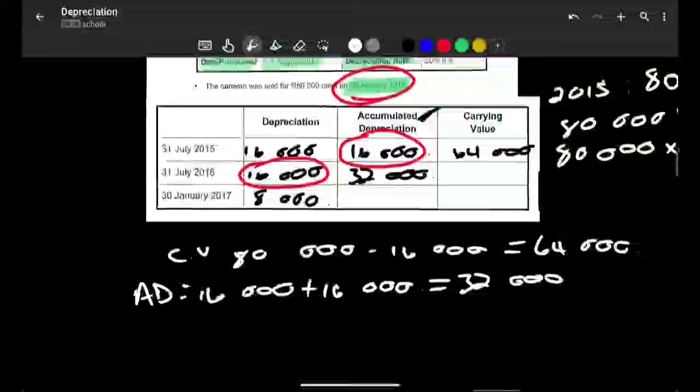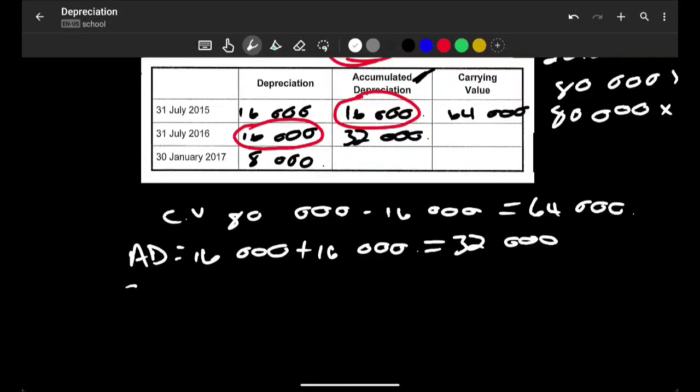And then the carrying value for that is going to be 80,000 minus your actual accumulated depreciation, which is now 32,000.